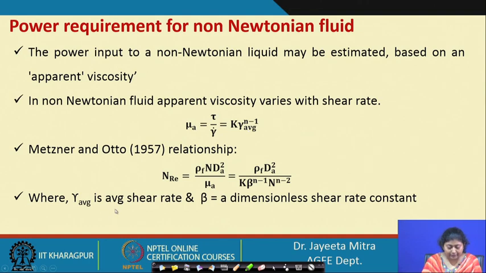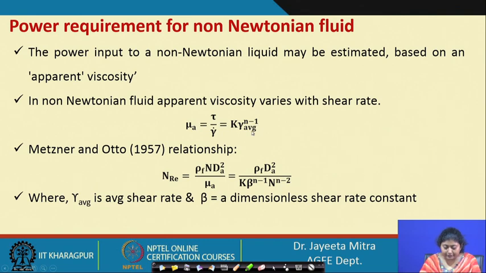Gamma average is the average shear rate, beta is a dimensionless shear rate constant. Okay. And so N is to the power n minus 2. So, this capital N is the revolution and small n is the flow behavior index.